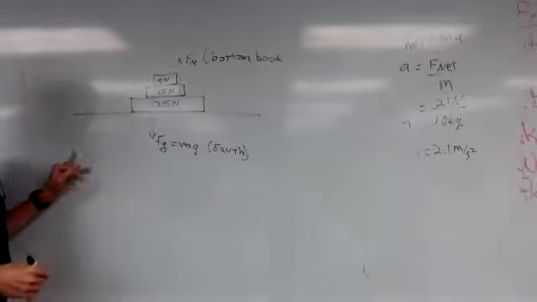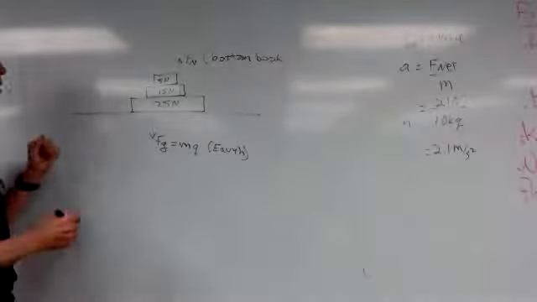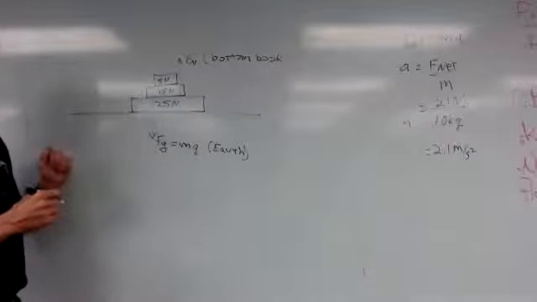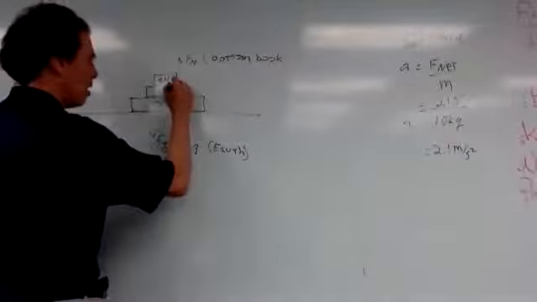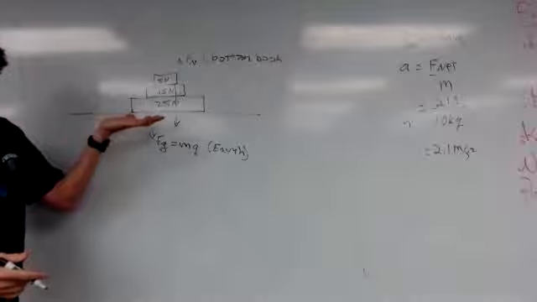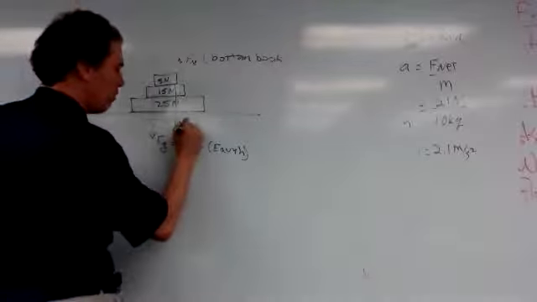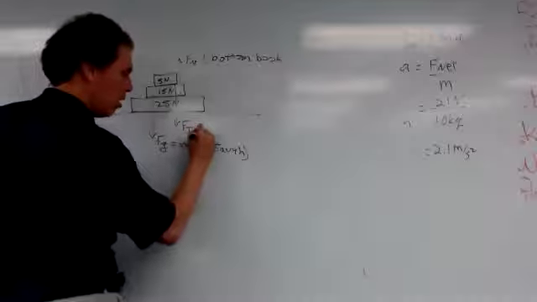What else is exerting a force on the middle book? The top book. Which way is that force? Technically, that's also a normal force, isn't it? It's a contact force, right? I'm going to call it F top on middle.